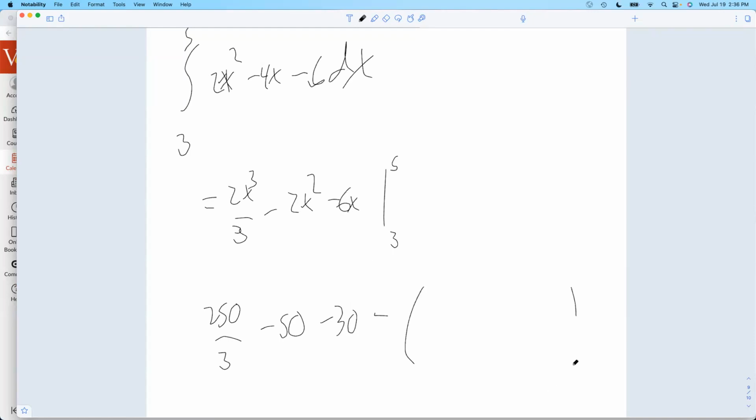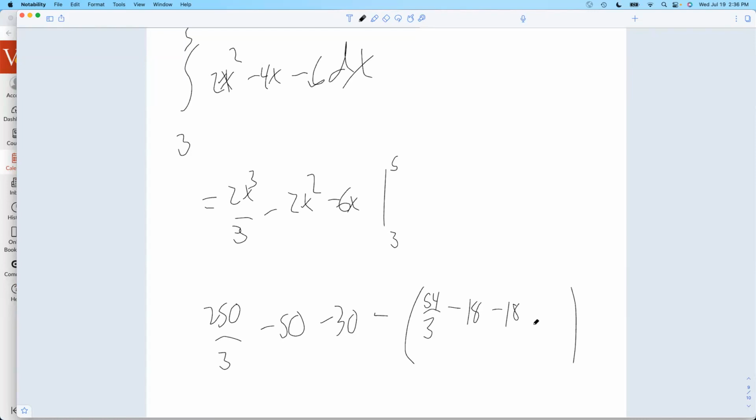Minus, in parentheses, 3 cubed is 27 times 2 is 54/3. That'd be 9 times 2, so 18, and then minus 18 there.